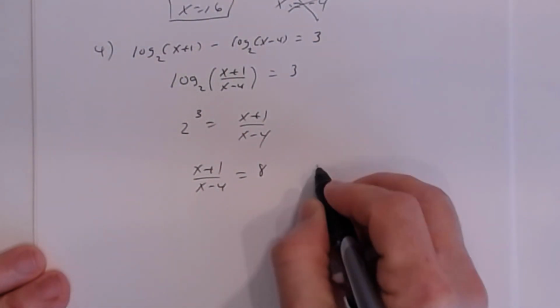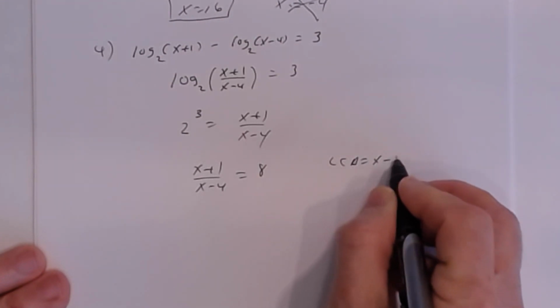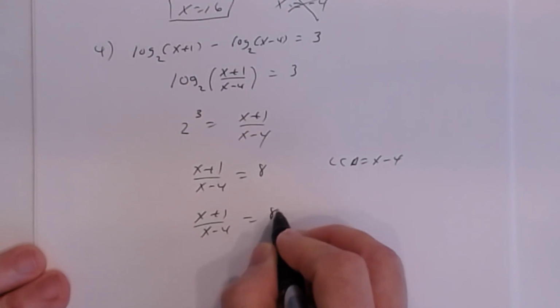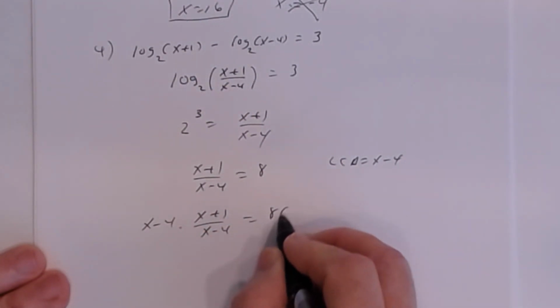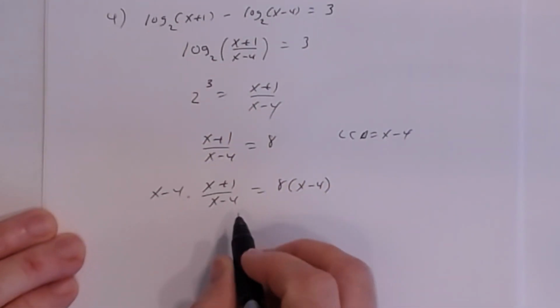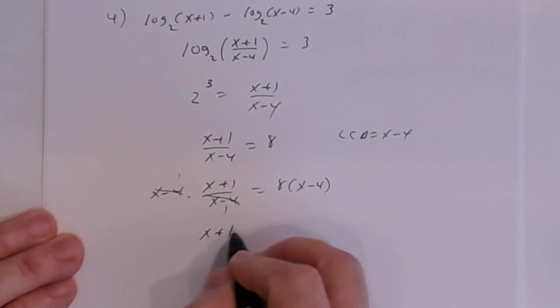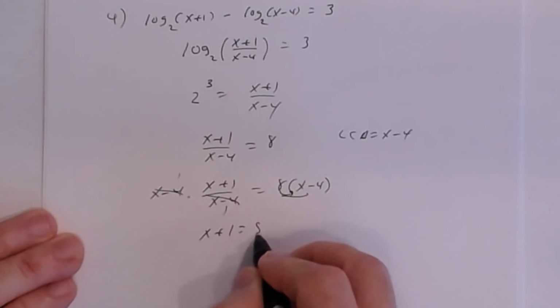So the LCD is x minus 4. And so you multiply both sides by x minus 4. So watch what happens. So you say times x minus 4 times x minus 4. And then these divide out. And you get x plus 1 equals 8x minus 32.